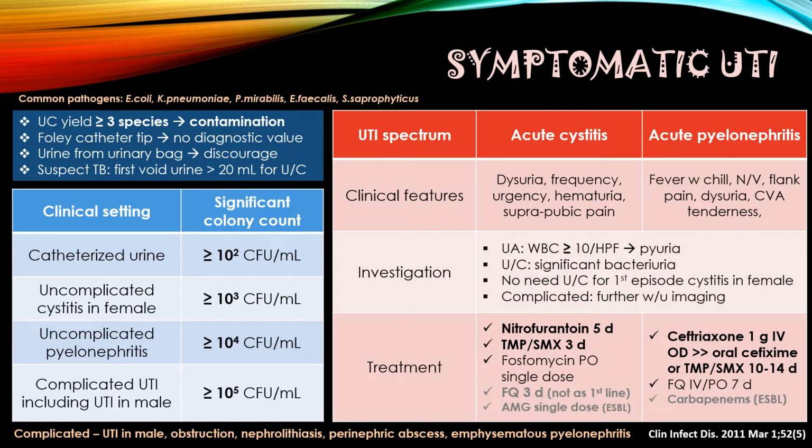If the UA has white blood cells more than 10 per high power field, we consider it pyuria. In contrast, if the UA has pyuria but the patient has no symptoms, it is asymptomatic pyuria. In fact, there is no need for treatment, except in the two populations that I previously told you, where you should further take a urine culture to consider treatment: pregnancy and patients undergoing urologic procedures.